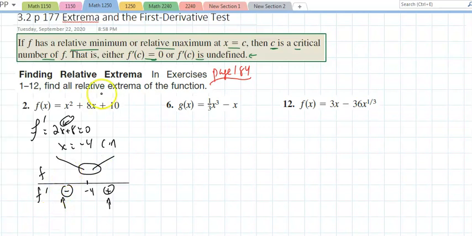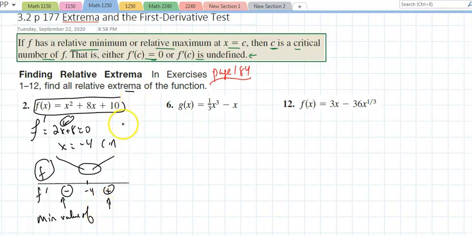So here it says find the relative extrema. We have a minimum value of what? You take negative 4 and you plug it into the original equation. The original has a maximum or a minimum. So what's f of negative 4?